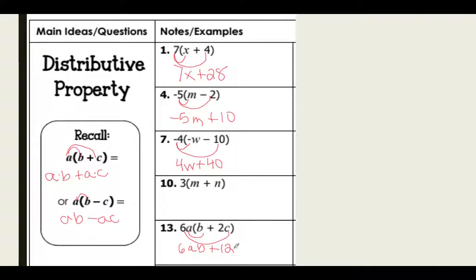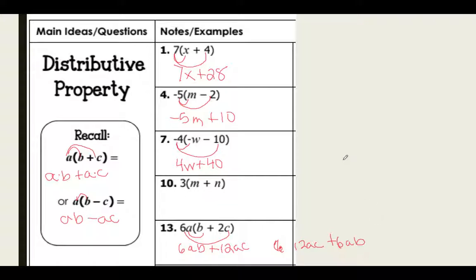A times c is going to be a times c, or c times a. Again, since we're multiplying, doesn't matter the order. Wouldn't matter if I also had this as 12ac plus 6ab. Since we're adding them together, remember those commutative properties mean we can add things in any order, we can multiply things in any order.